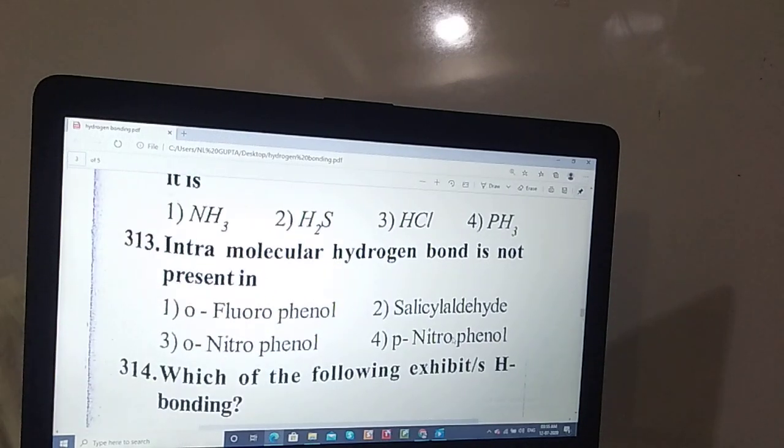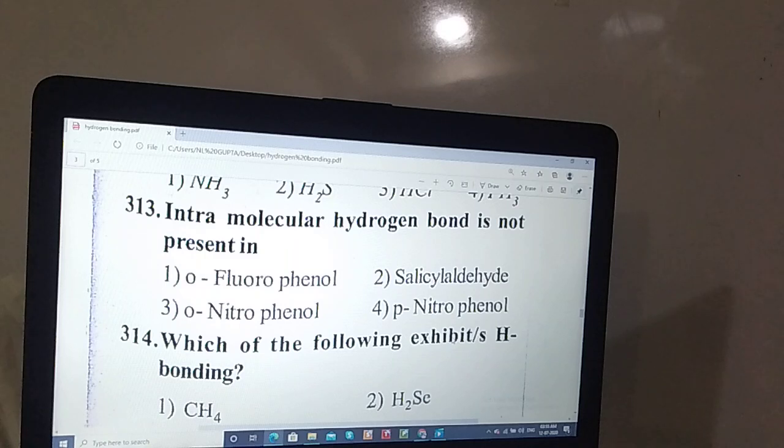Now let us move to question number 313. Intramolecular hydrogen bond is not present in orthofluorophenol, salicylaldehyde, orthonitrophenol, or paranitrophenol.